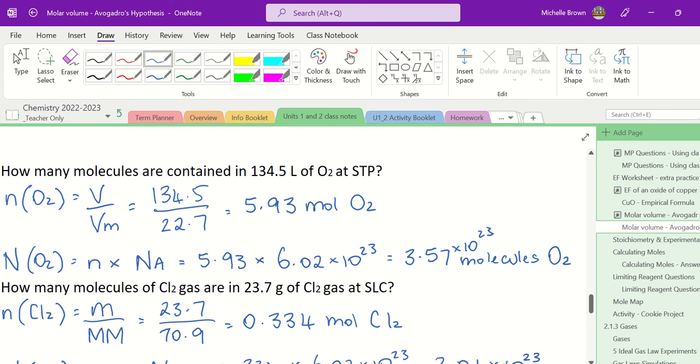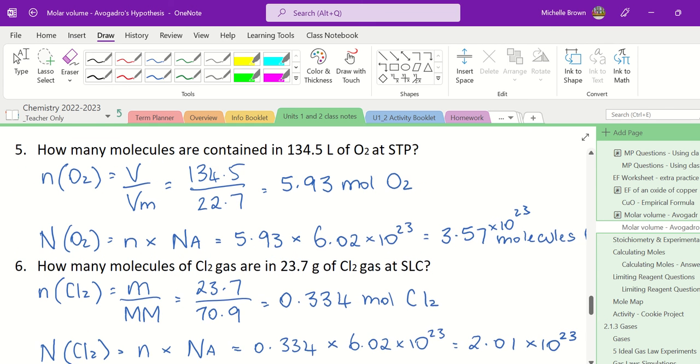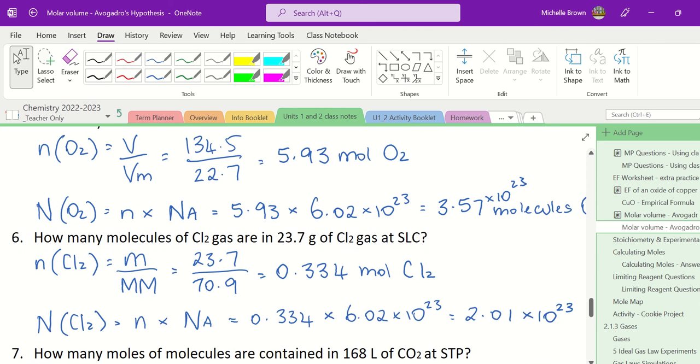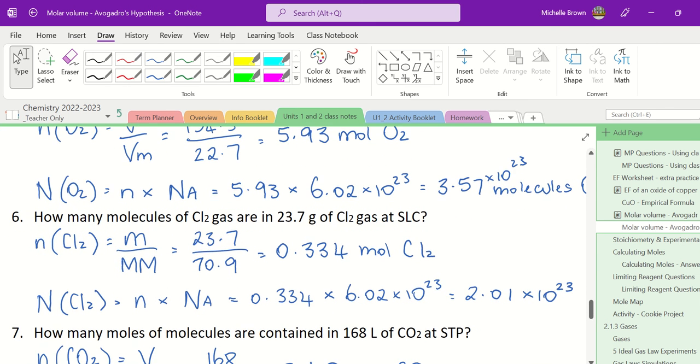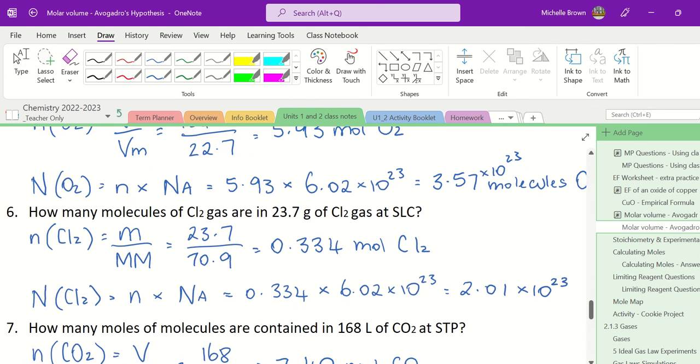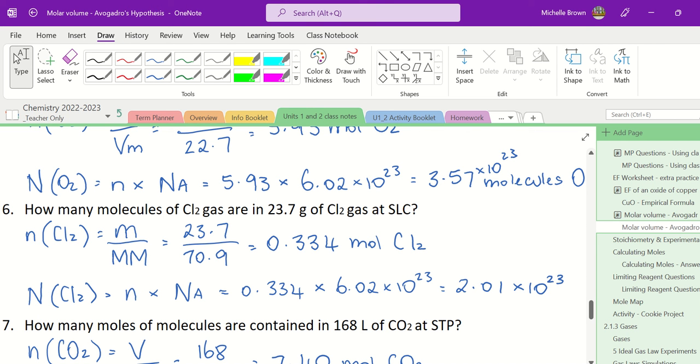molecules of oxygen. Question 6, how many molecules of chlorine gas are in 23.7 grams of chlorine gas at SLC, so standard laboratory conditions? Now, take note of this. That doesn't mean anything for this question because we're given mass and we're asked to find the number of molecules.